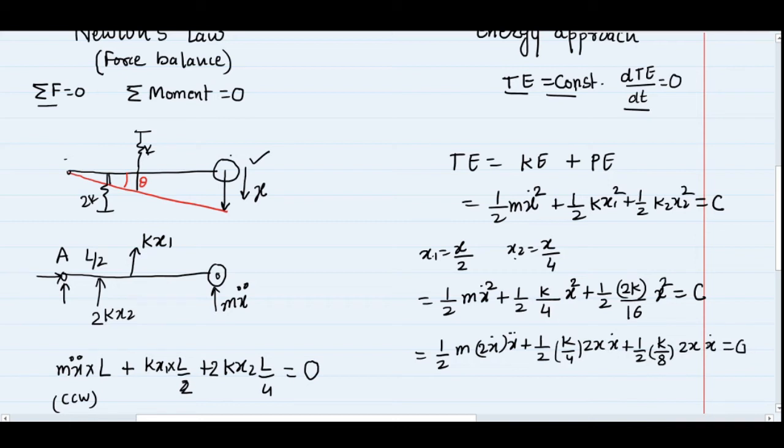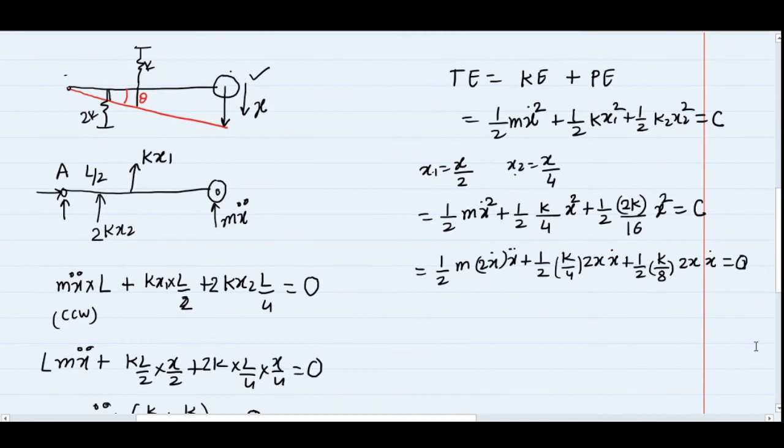So x dot will go away and half will also go away, so my final equation will become m x double dot plus k by 4 x plus k by 8 x is equal to 0.